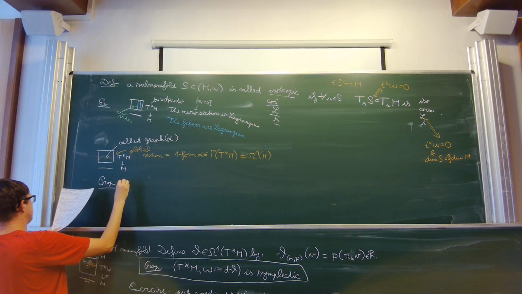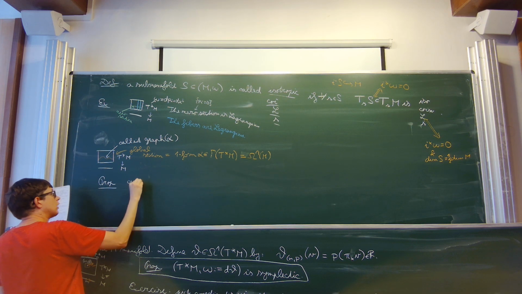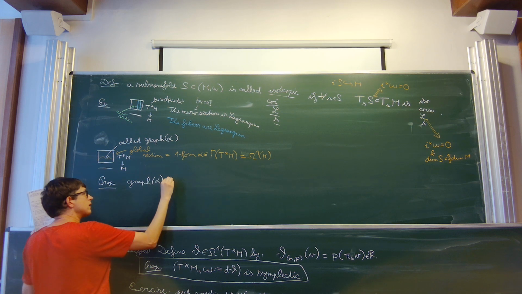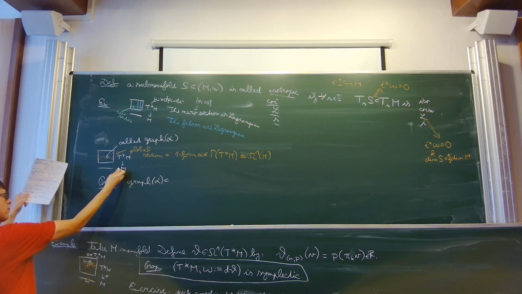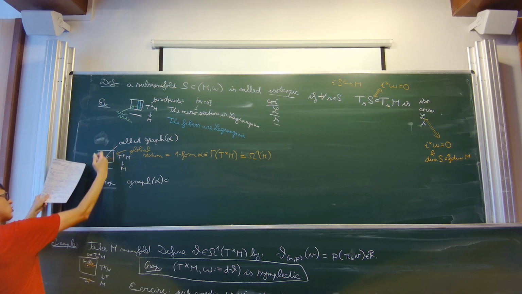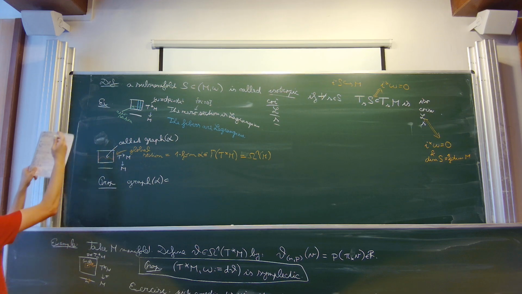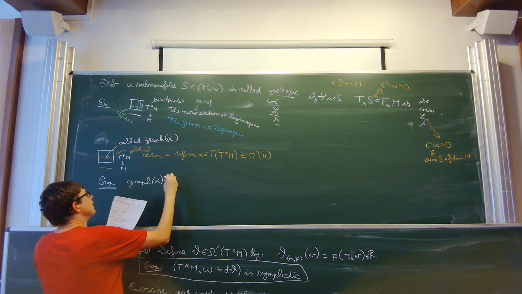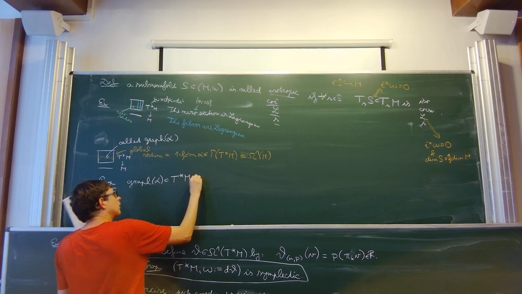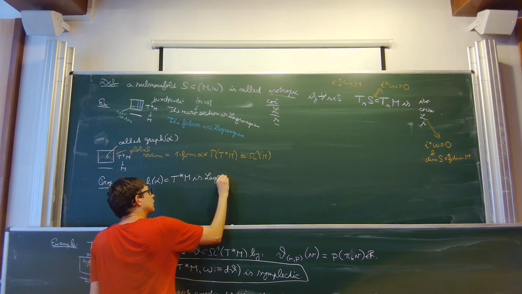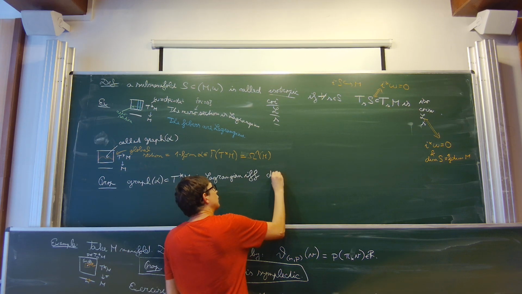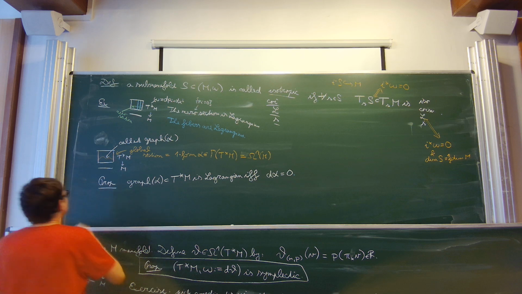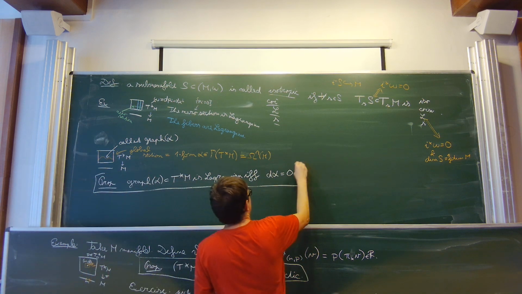So the proposition says that the graph of alpha, which is a subspace of half dimension, because M has some dimension, and this thing has the dimension of M and also the same amount of dimensions in the vertical direction, so twice the dimension. So this thing inside T star M is Lagrangian if and only if it's closed as a one form.